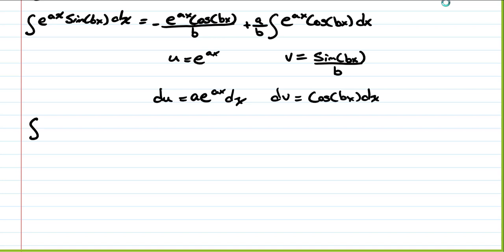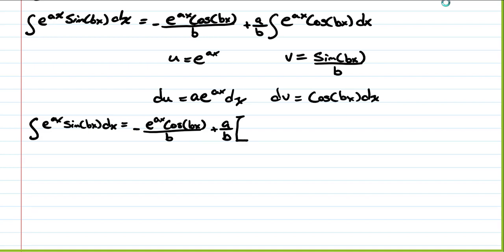So we have the integral of e to the ax sine bx dx is equal to negative e to the ax cosine bx over b plus our a over b. And now we're plugging in our integration by parts formula again. So we have u times v, which is going to give us e to the ax sine bx over b.